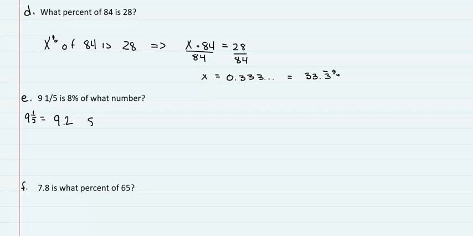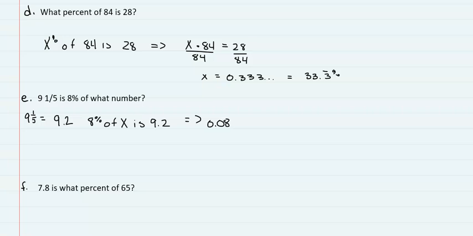All right, so 8% of what number is 9.2? Oops, sorry, I'm going to fix that. Got distracted there. 8%, you can't do math with a percent, you've got to put it as a decimal.